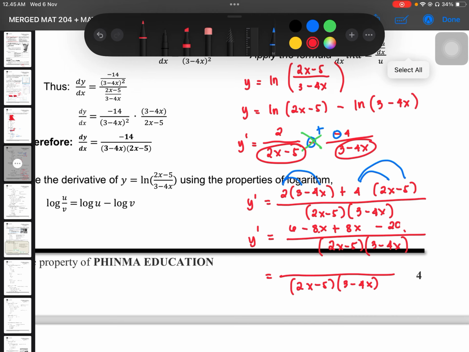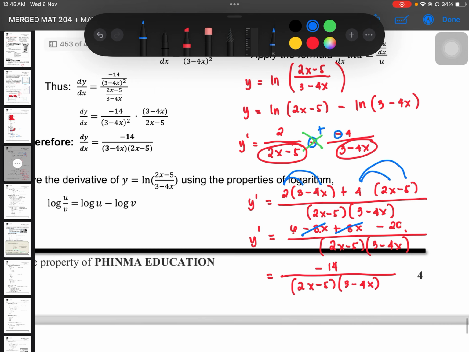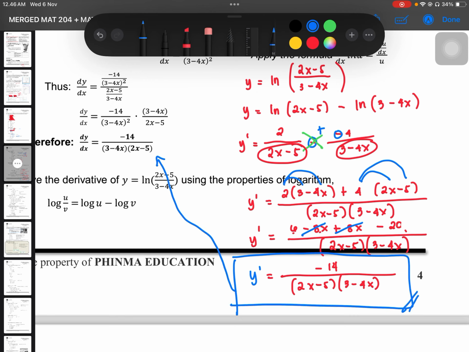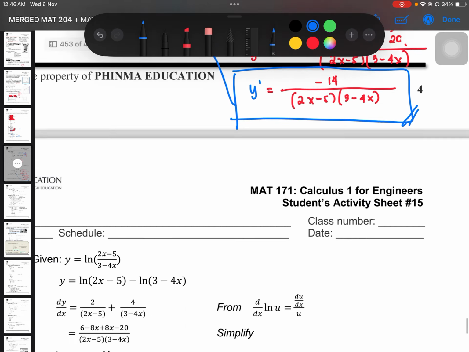Okay? So, we have 6 minus 20 is negative 14. Wherein, negative 8x, positive 8x, cancel, cancel. So, we have y prime. And this will be your final answer. So, the same lang din naman sa nakuha sa module. Okay?